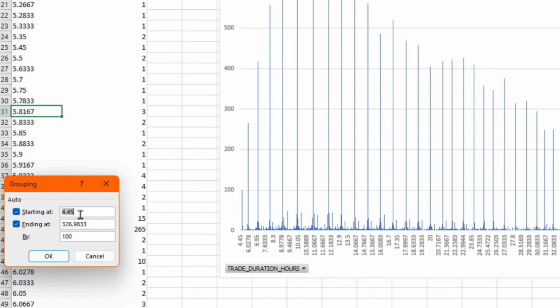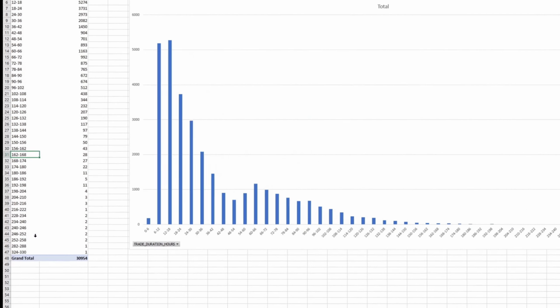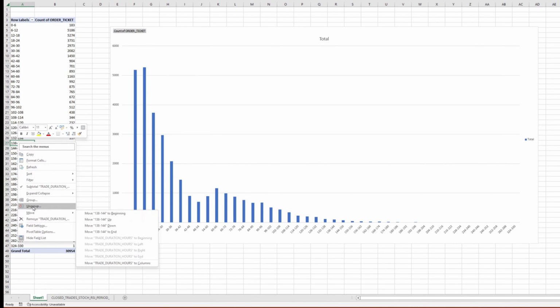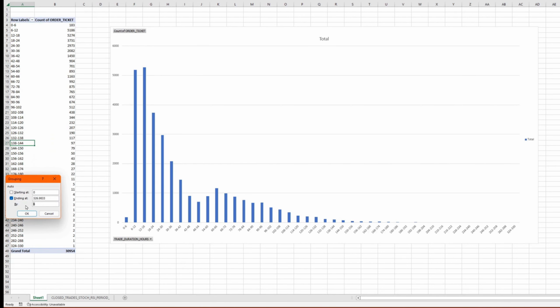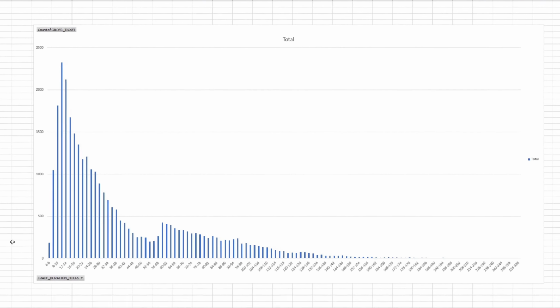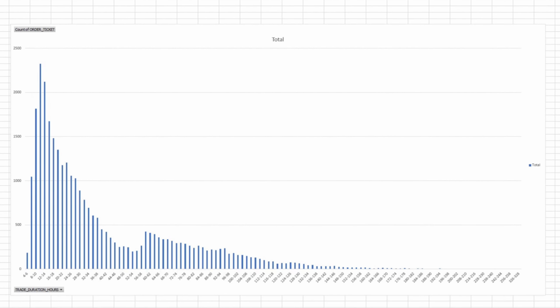So I'll group by 6 hours, the same as we did for the RSI, but here, because we have far fewer buckets, I think this would benefit from a smaller size, so I'm going to group it by 2 hour buckets. So as you can see, this is a completely different picture.